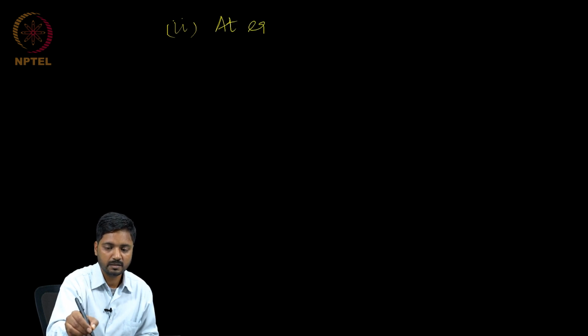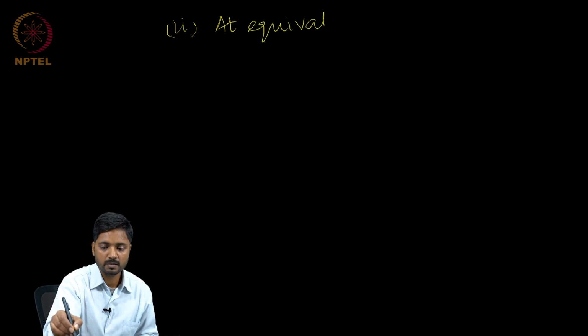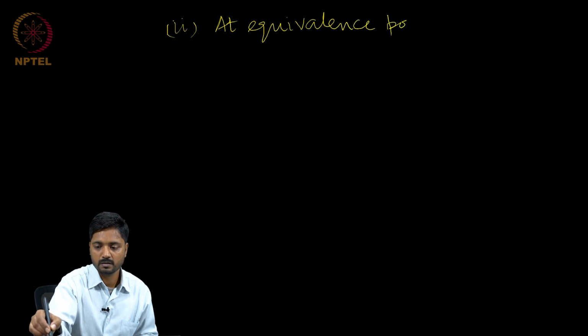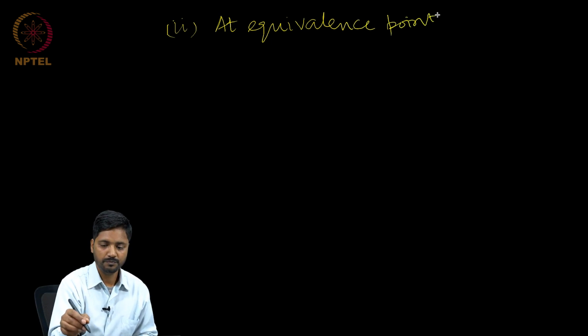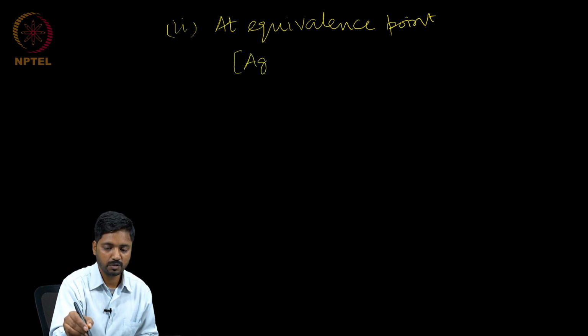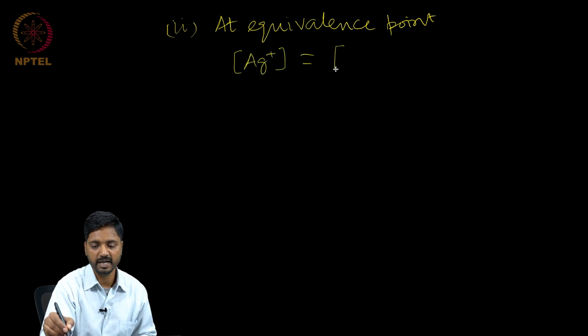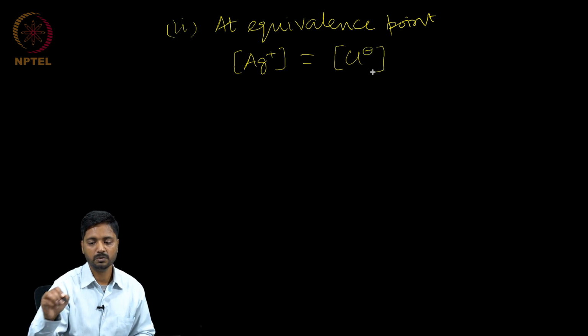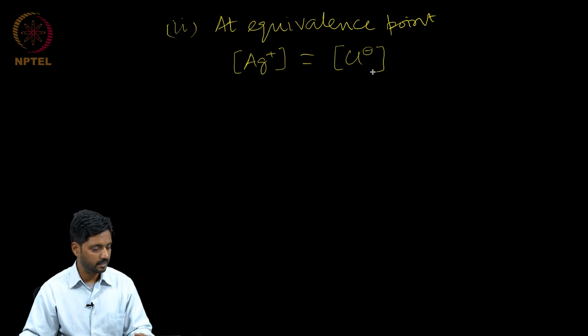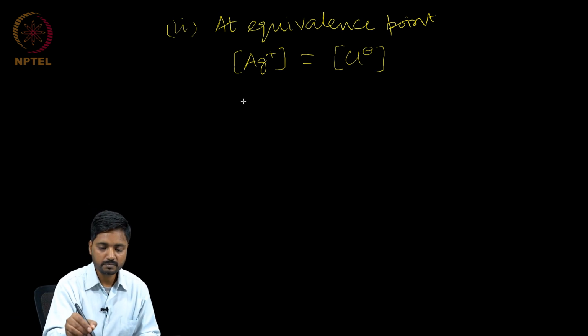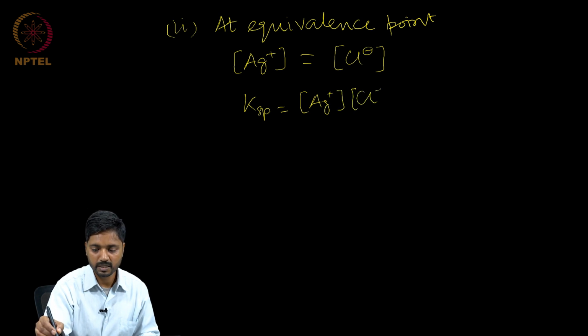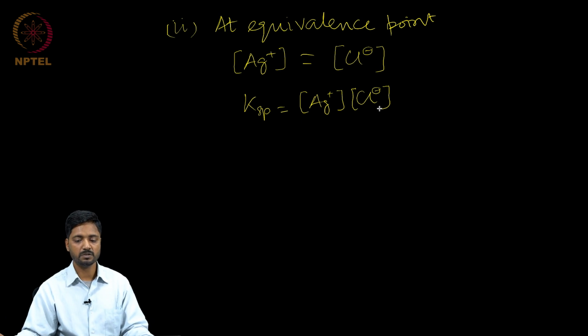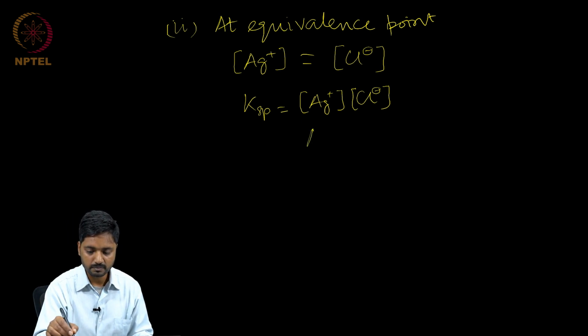Now, at equivalence point, the total amount of silver ions that have been added is equal to the total amount of chloride ion present in the medium, and we know that the KSP is nothing but Ag plus ion concentration times chloride ion concentration.